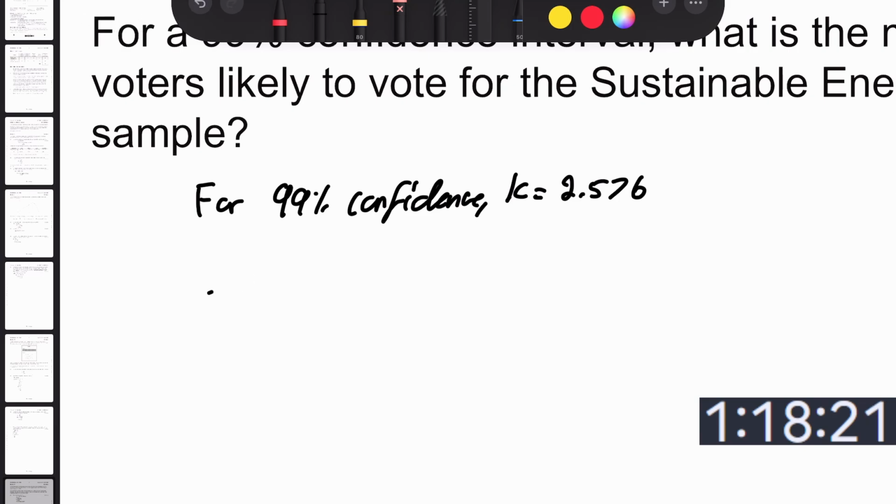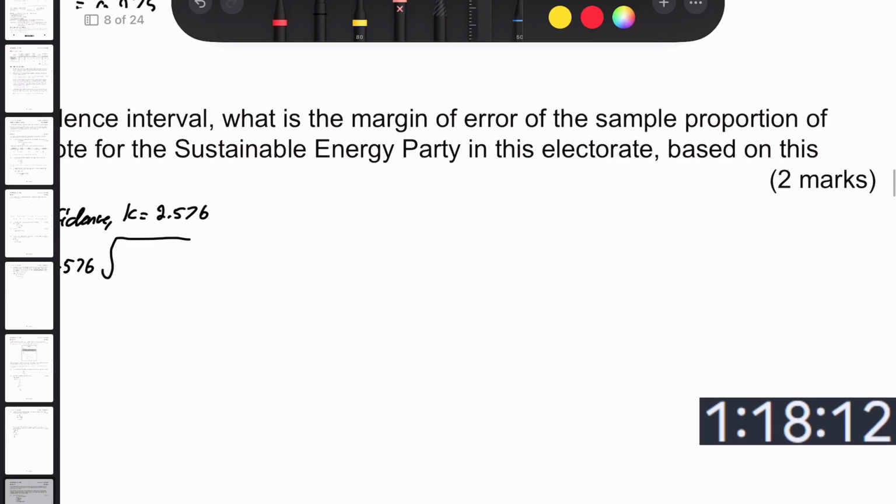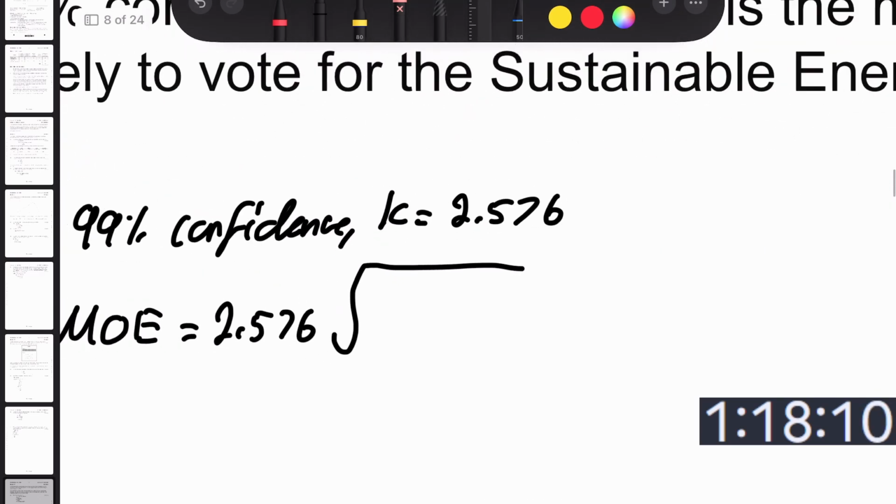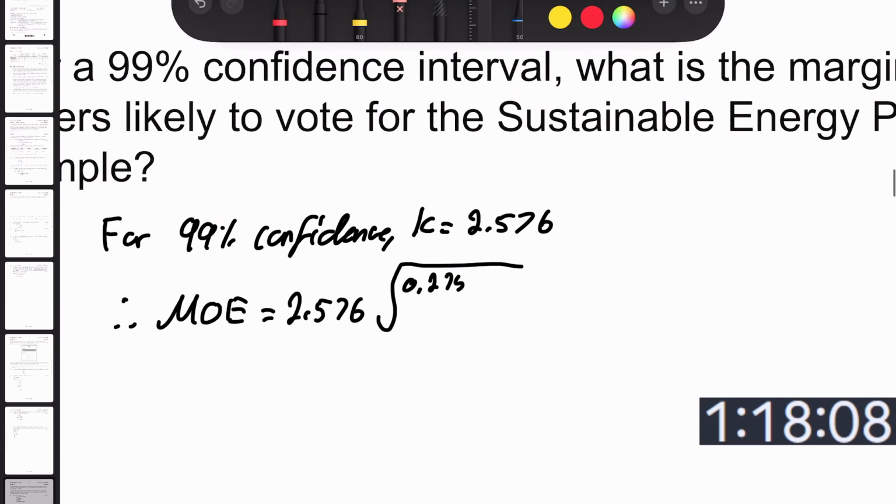Therefore, the margin of error is going to be equal to 2.576 times the square root of 0.275 times 0.725, all over 200.